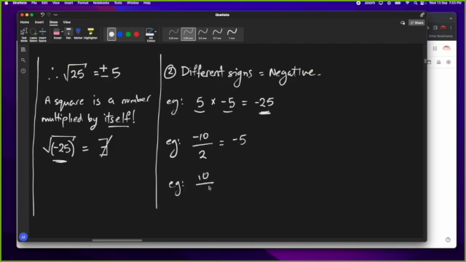You have 10 divided by negative 2. Well, that is also negative 5, isn't it? So therefore, we could say that if I have the top number being negative, that is pretty much giving me the same answer as if I had the bottom number being negative. Because once one number is negative, that means the whole thing is negative.